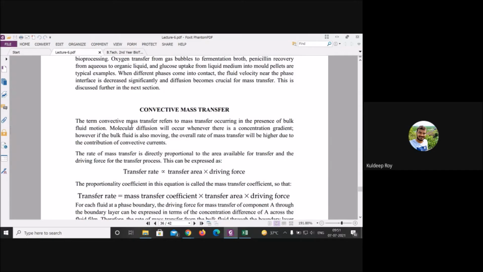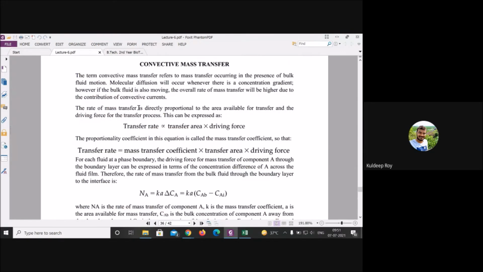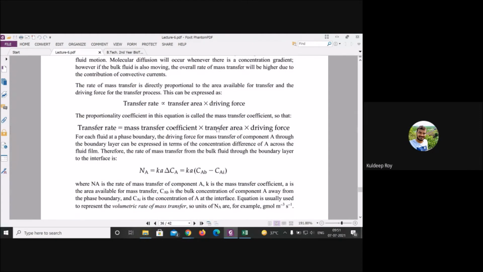for your bioreactor. The rate of mass transfer is directly proportional to the area available for transfer and the driving force for the transfer process. You see, the transfer rate is proportional to your transfer area and your driving force. If you apply equal to, then here will be the mass transfer coefficient.